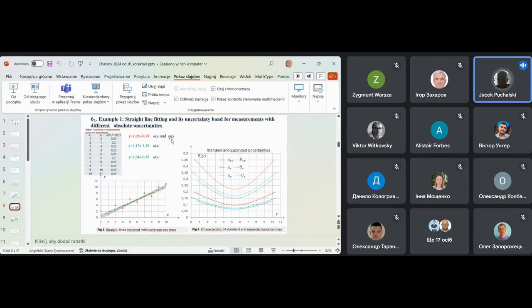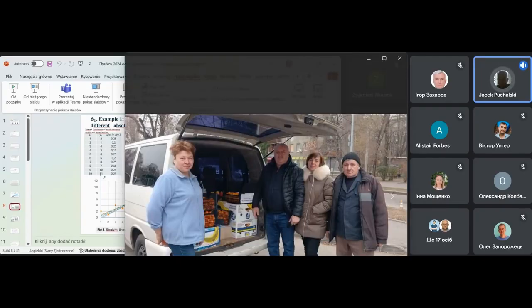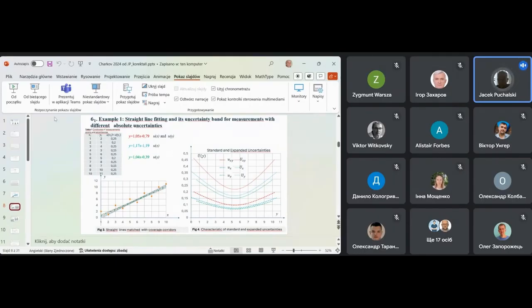If you take into account both uncertainties, you obtain the widest uncertainty band. So the solution is almost the same, but the expanded uncertainty, the standard uncertainty for this model is more complicated.